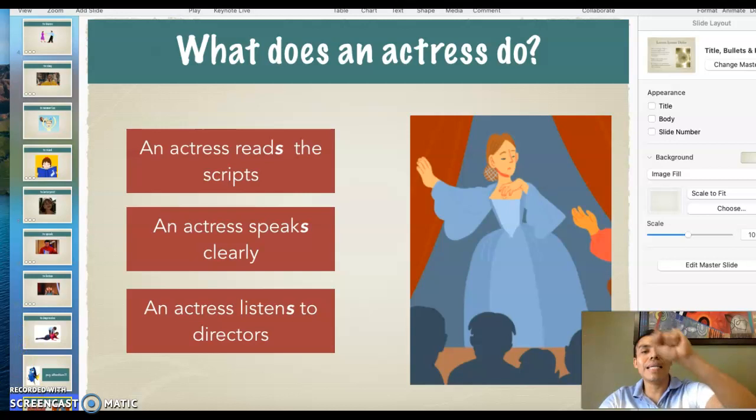We only extract the verb and we have to use the letter S if we are referring to a subject like he, she, or it, and if we are using the simple present. Okay?